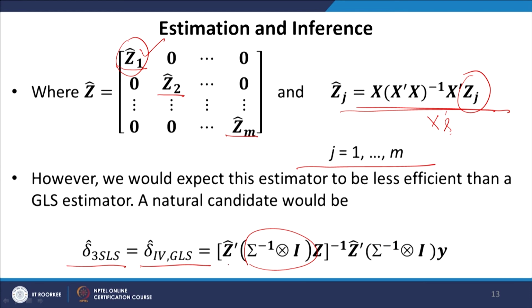First of all, (z hat prime z) inverse is modified by including a sigma inverse Kronecker product I. This implies that we are dividing each element of z hat prime z by the non-constant component of the error variance. Similarly, z hat prime y is also divided by the non-constant component of the error variance. That is why we also have a sigma inverse Kronecker product I here.